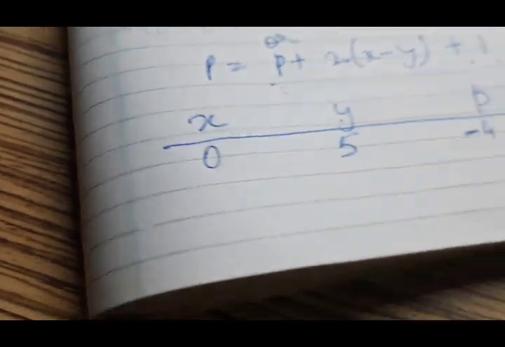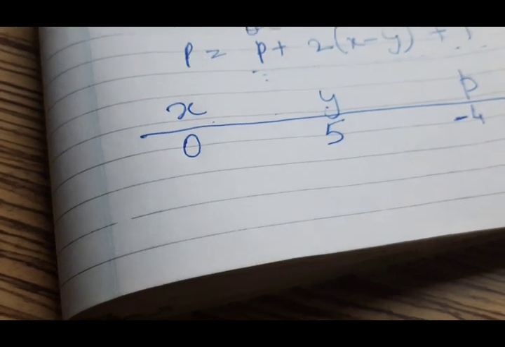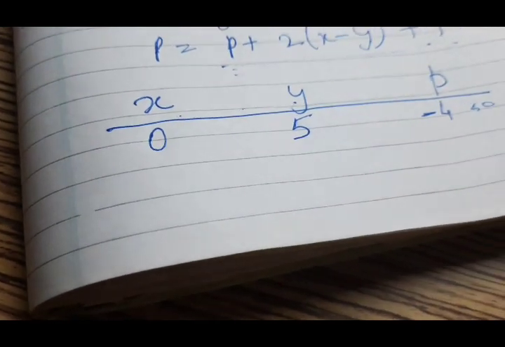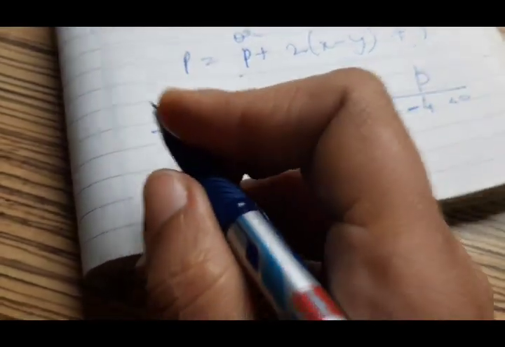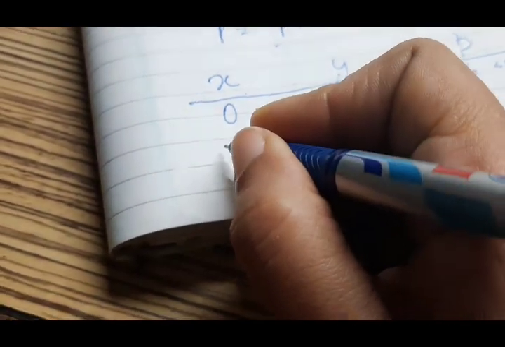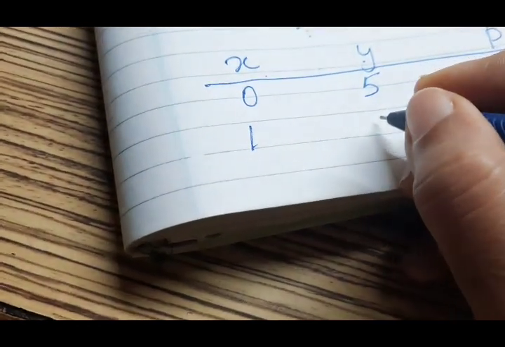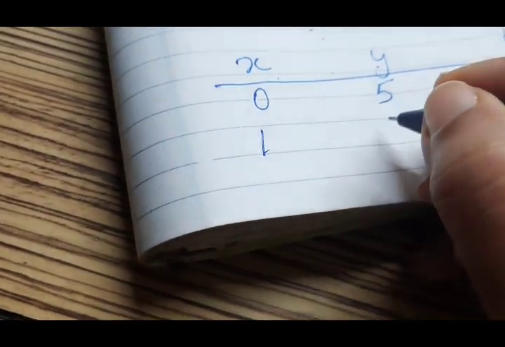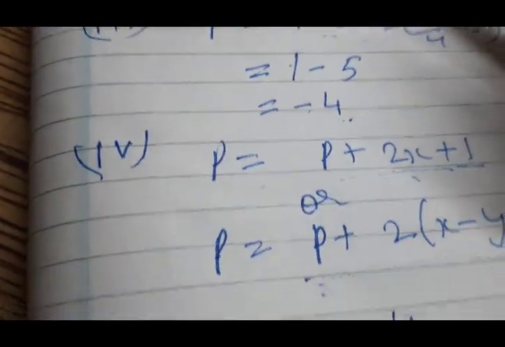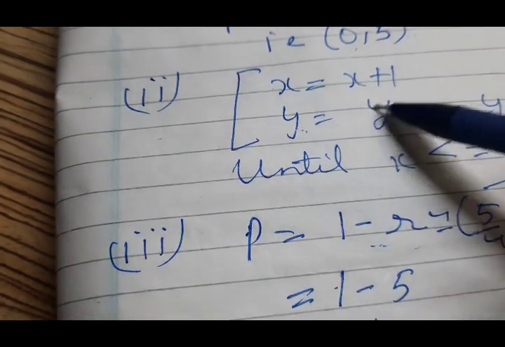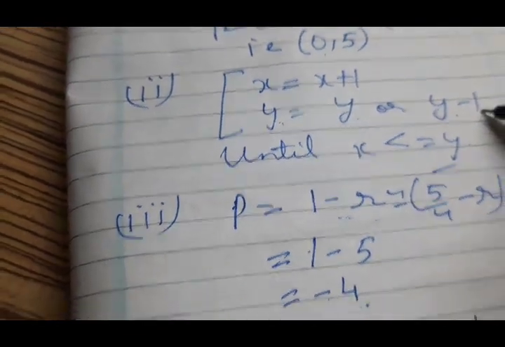It is minus 4. So it is less than 0. So in the next step, you will update x by 1, increment x by 1, but y will be the same. Here it is written x is equal to x plus 1, y is equal to y, or y is equal to y minus 1.